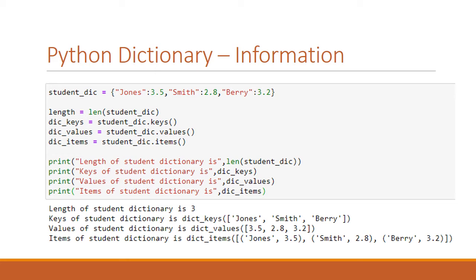Beginning with our student dictionary, we can find the number of items in our dictionary by using the length function. len, parentheses, the name of our dictionary. We call that length function, and it returns the number of items in our dictionary. And in this example, we assign it to the variable length.